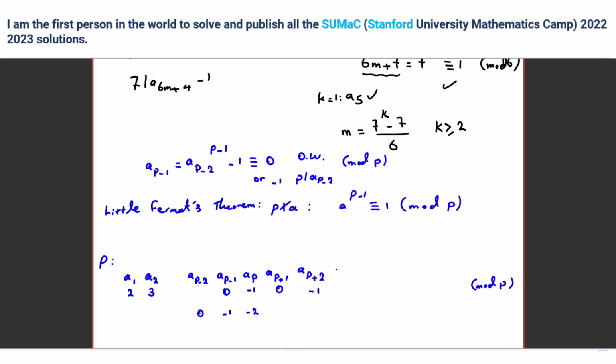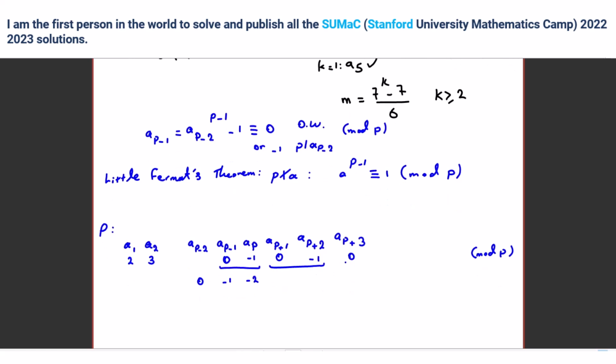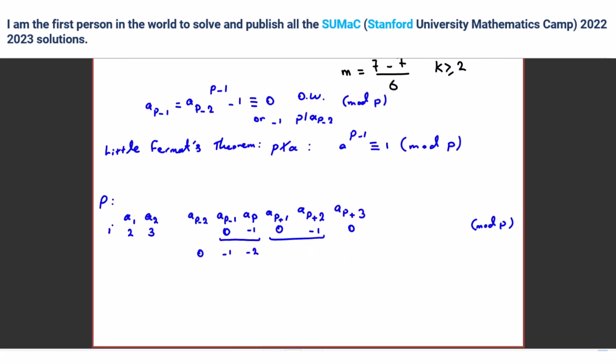Yes. a to the p plus 3, because it is again even, -1 to the even is 1, minus 1, 0. So here we have this period: -1, 0, -1, 0, or 0, -1, 0, -1. And obviously we can prove it, right? Yeah.